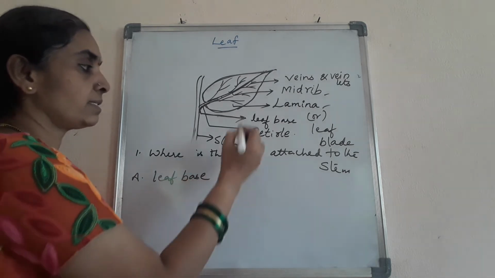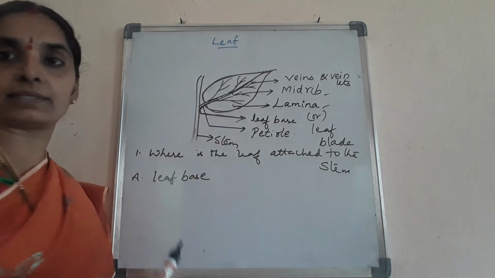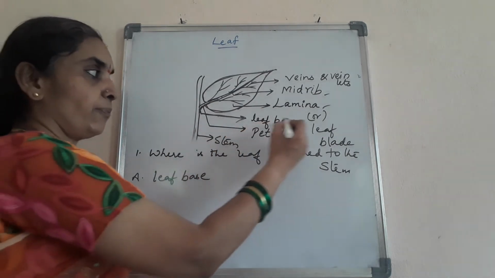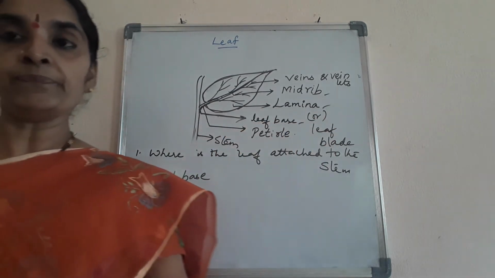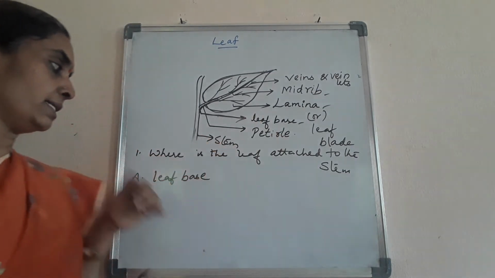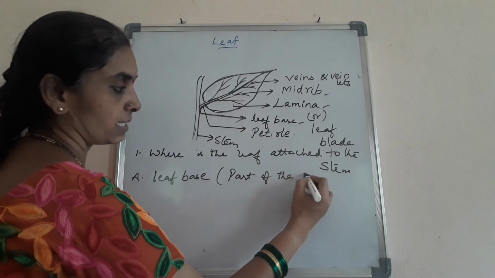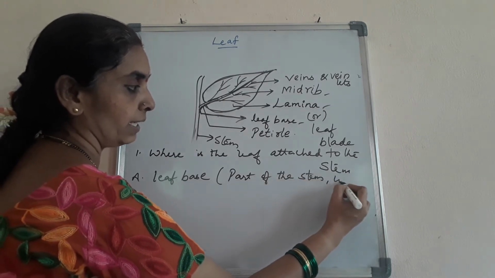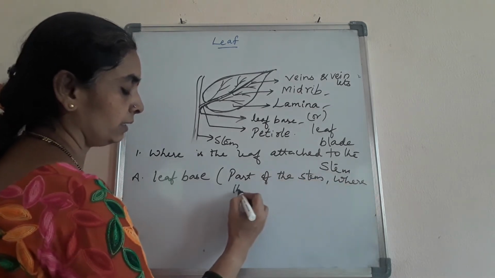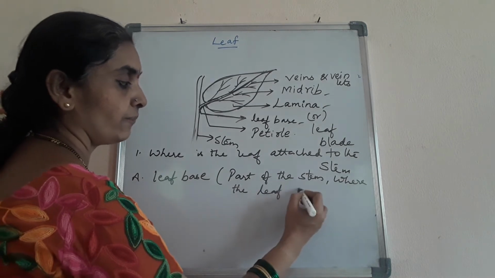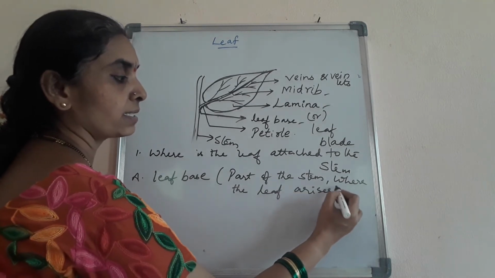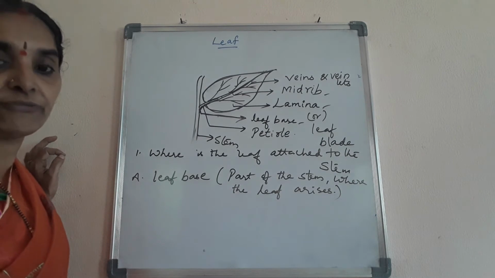So the part of the stem where the leaf arises is called the leaf base. Write down, the part of the stem where the leaf arises is called the leaf base.